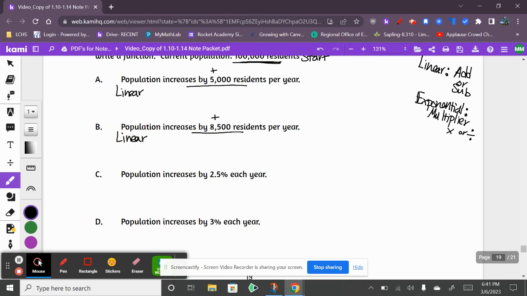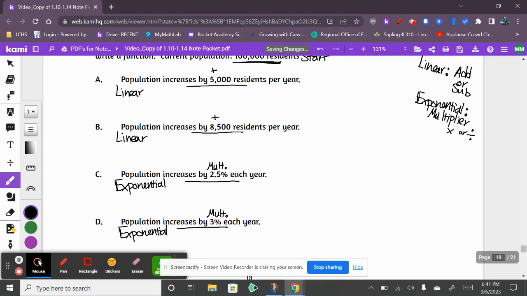For C, it says it increases by 2.5% each year, so this would be as a multiplier, so this would be exponential. And this one increases by a percent as well, so that's with a multiplier, so that would also be exponential as well.